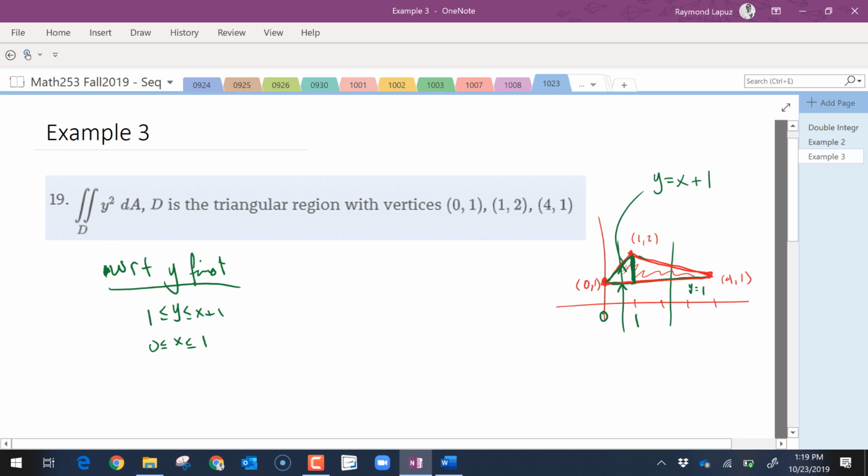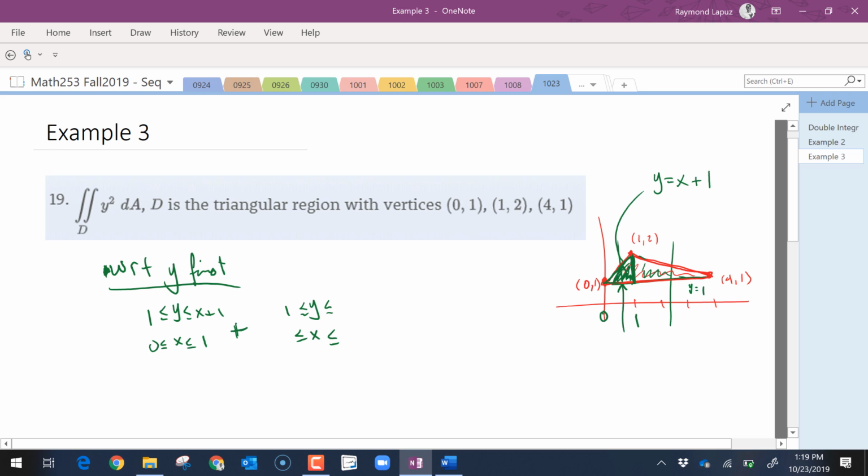So I can only go up to 1, and then I need to change functions. So I need to add on another integral with different y limits and x limits.